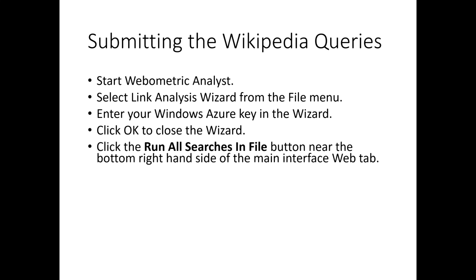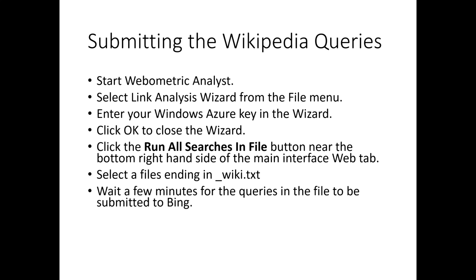Click Run All Searches in File button near the bottom right hand corner of the main web interface for Webometric Analyst, and select a file ending in _wiki, and then wait for the queries to be submitted to Bing.